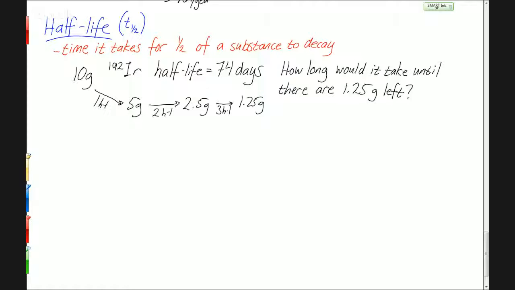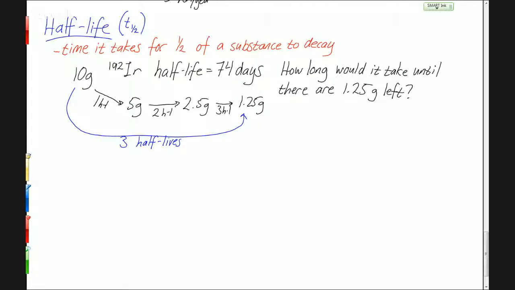So it took us three half-lives to get from 10 to 1.25. You see how that works? We cut it in half 3 times.